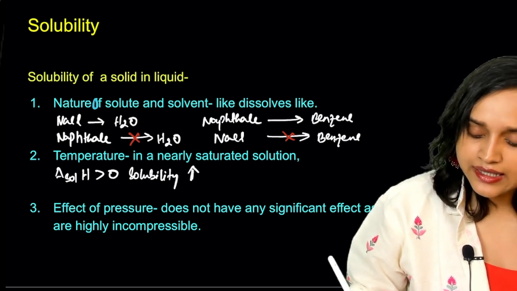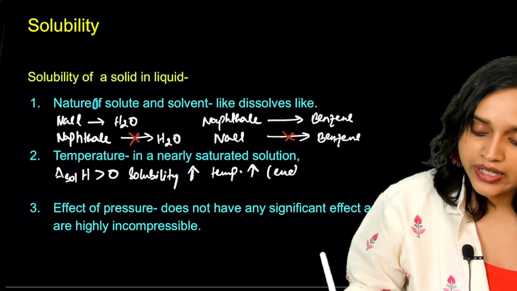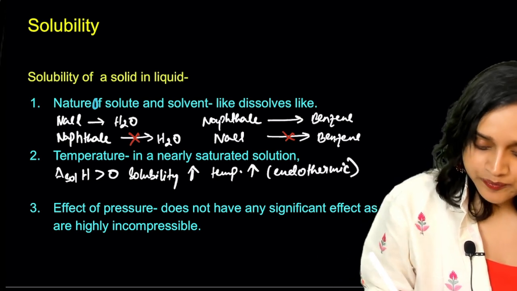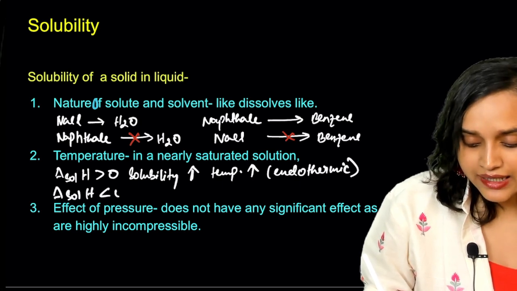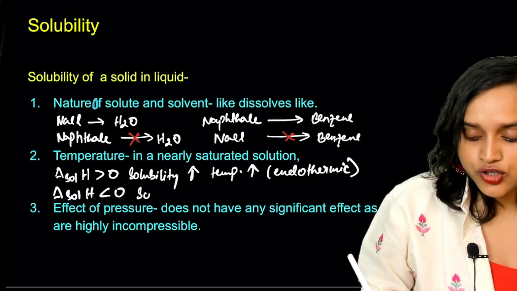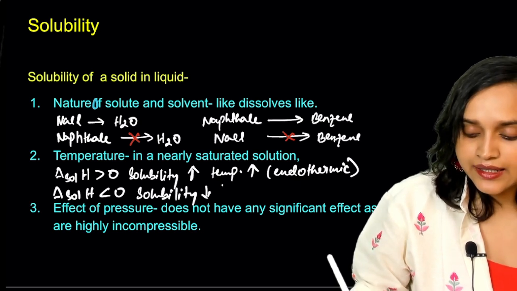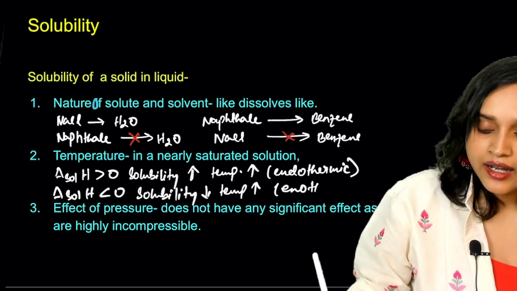Solubility increases as temperature increases. When does this happen? When it is an endothermic reaction. Now, if delta solution H is lesser than 0, solubility decreases when temperature increases. That means this is exothermic.